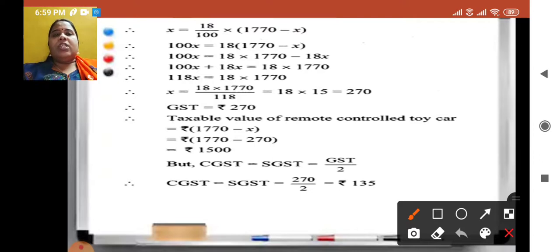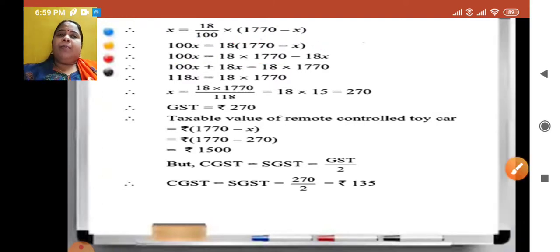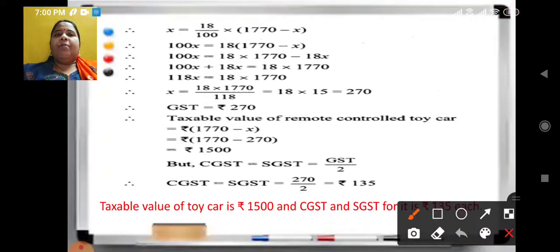Okay. Now see, 100x is equal to, I have opened the bracket here. I have already told you, 18 into 1770 minus 18x. Now shift this minus 18x this side. What will happen? It will become plus 18x. So it will become 100x plus 18x is equal to 18 into 1770.